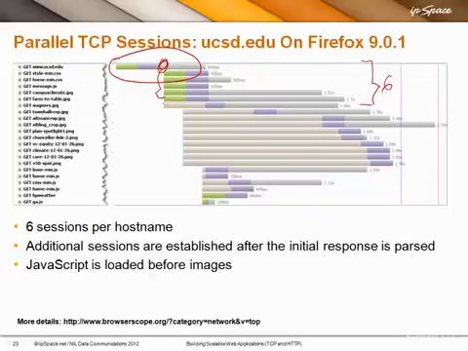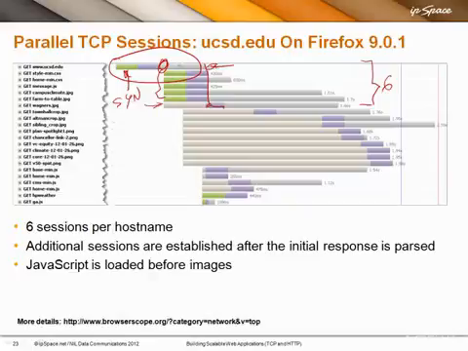You see, this one was waiting till this request completed, and then the next request was sent and the response got back. Firefox would use 6 sessions per host name, and the new sessions would be established only after the initial response is parsed. So you see the green thing here is actually the TCP SYN phase.